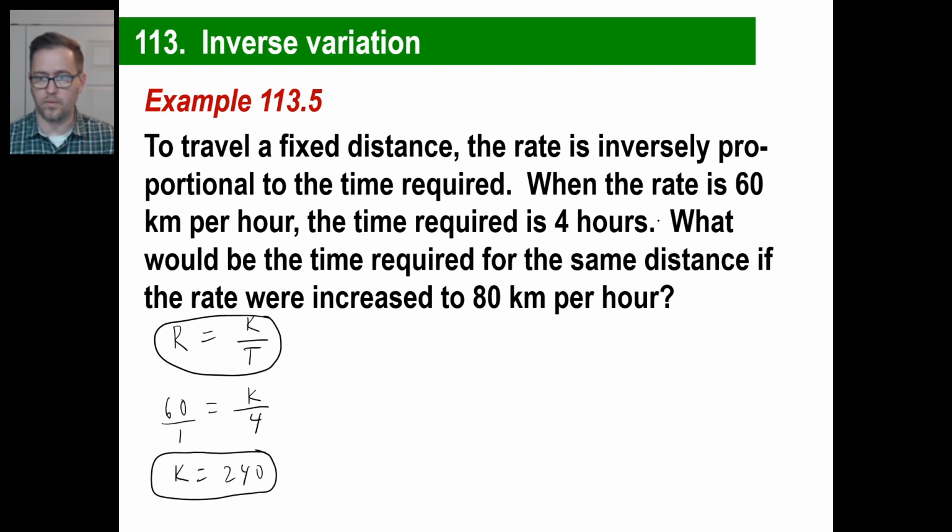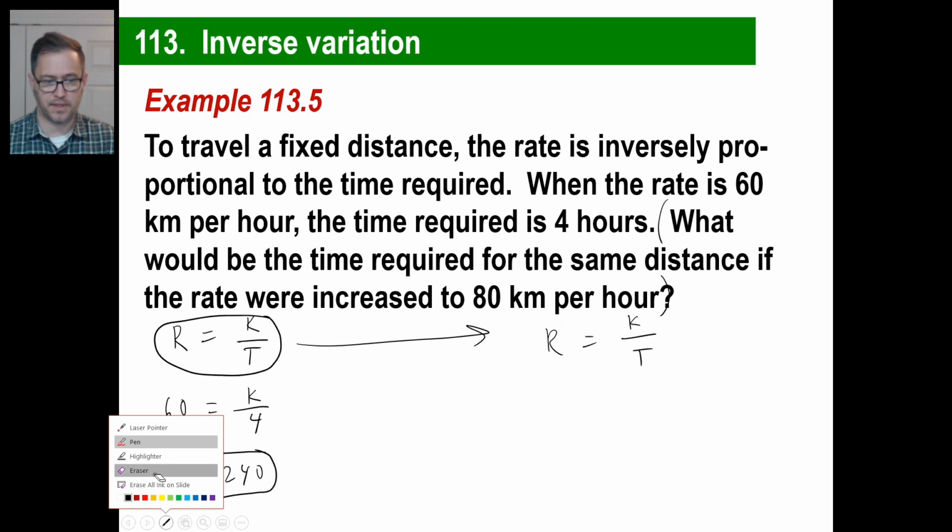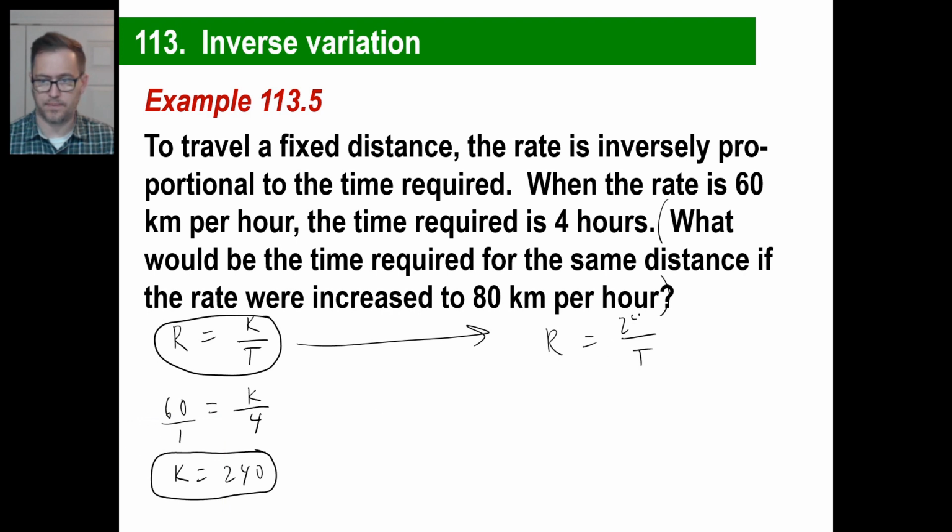All right? What would be the time if the distance, blah, blah. Okay, so here's our basic equation. R is equal to k over t. We know what k is. We can stick it in there. And that's 240. What would be the time, which we don't know, if the rate were increased to 80?